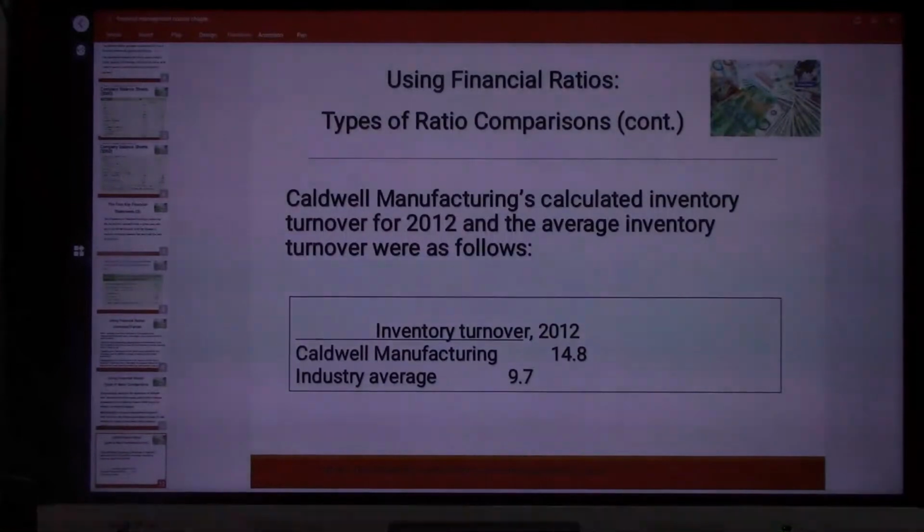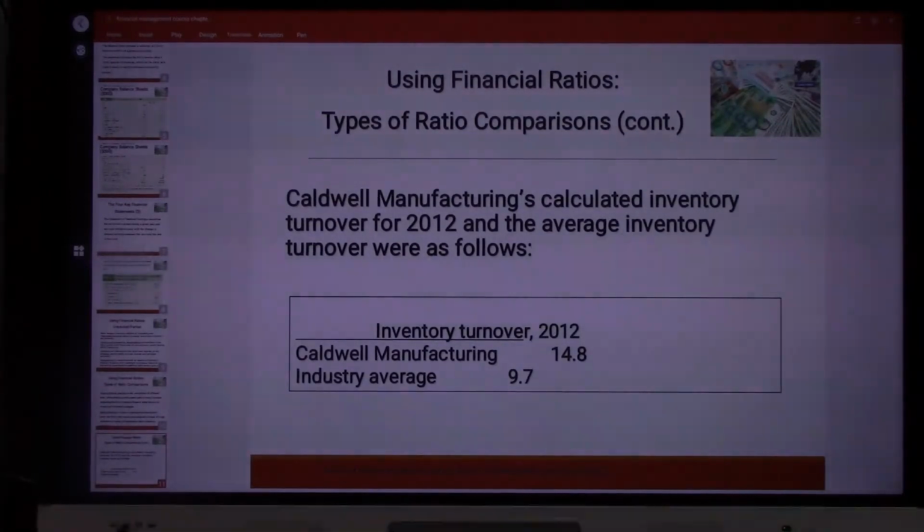Here is an example of a comparison between the financial ratio of a specific firm and the industry average. For example, if we are interested in assessing inventory turnover, one of the famous financial ratios, for 2012, you could compare your firm's inventory turnover for 2012 with the industry average for 2012.